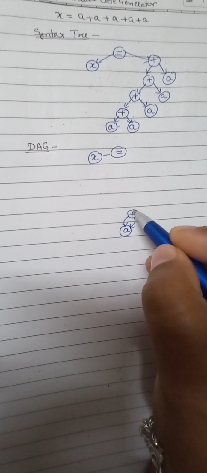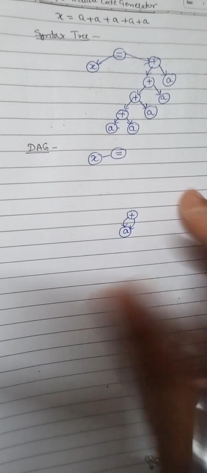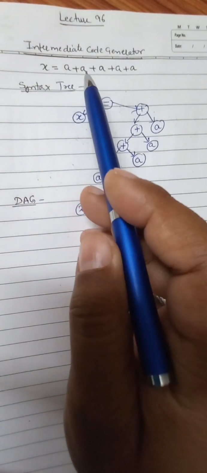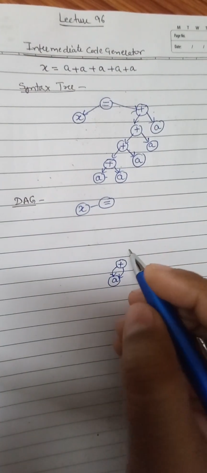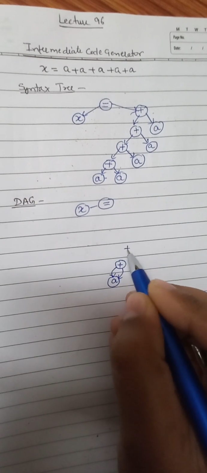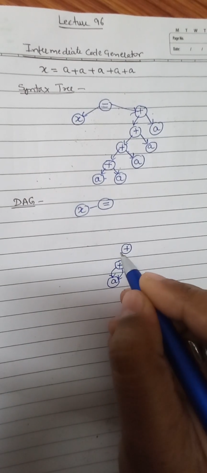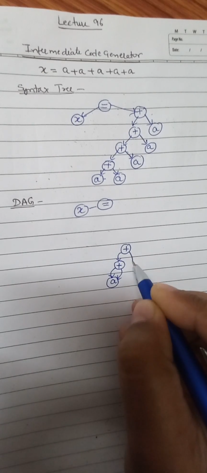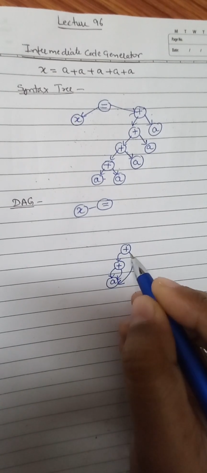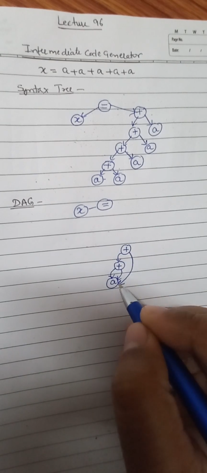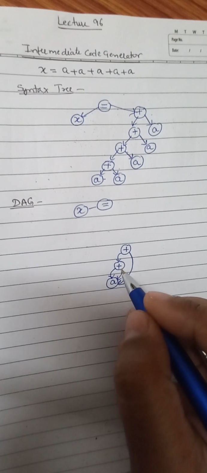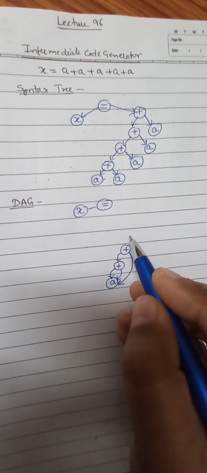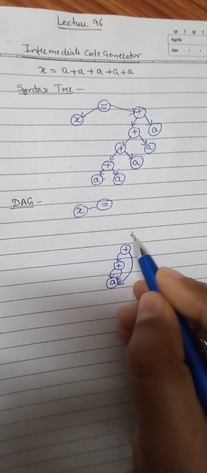a plus a. Now what is next? Next is plus a. a plus a is complete, plus a. So how will we write? We'll see here. We'll write plus a, plus a, plus. This is for plus. So a plus a plus a. Now another plus a is there. So again we'll write in a similar way.